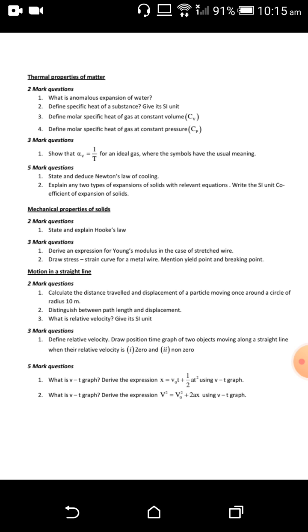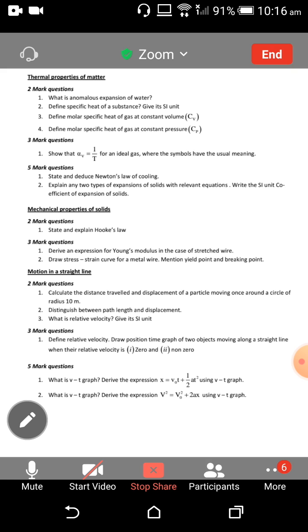So that is regarding the specific heat. What is the SI unit of that? The SI unit of specific heat capacity is joule per kg per Kelvin.